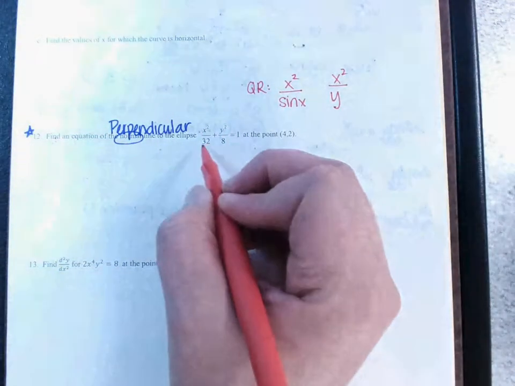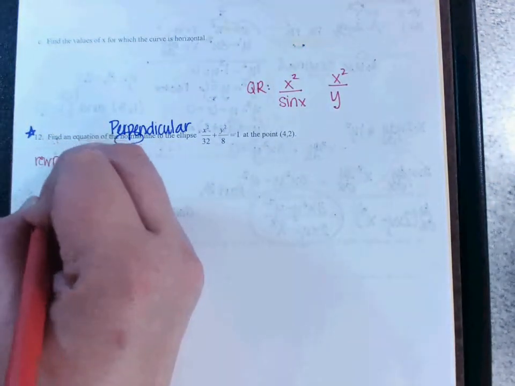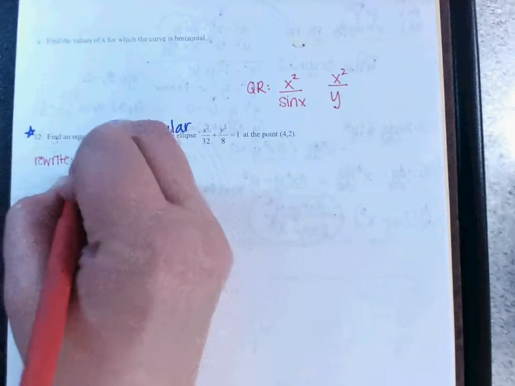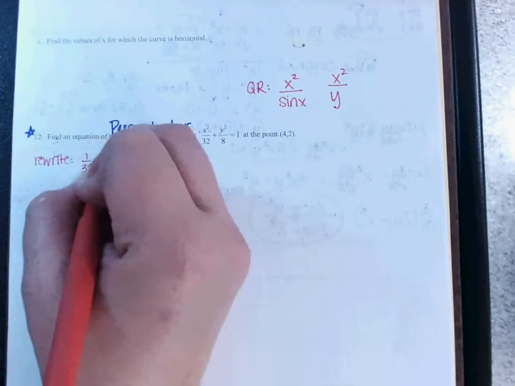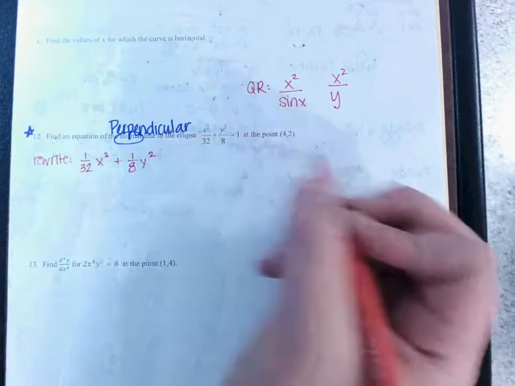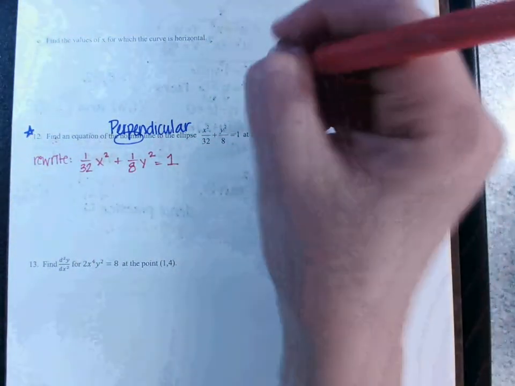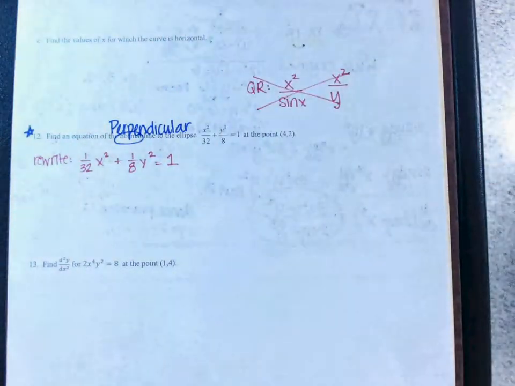But if it's just a 32 on the bottom, you can just rewrite that as 1 over 32 x squared, and then 1 over 8 y squared, and then 1. So that's fine. I would just do a rewrite. This is not a quotient rule type problem.